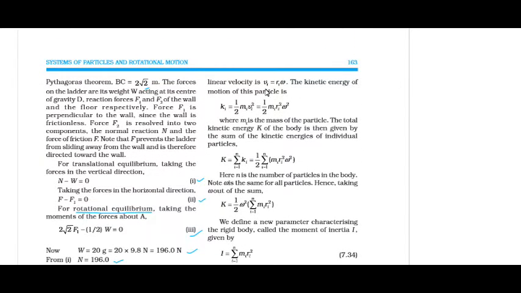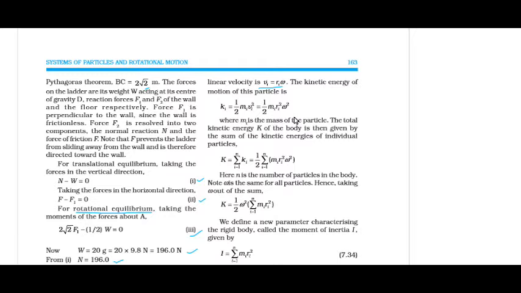Linear velocity is vi equal to ri omega. The kinetic energy of the motion of the particle, Ki, is equal to half mi vi square, which is half mi ri square omega square, where mi is the mass of the particle.